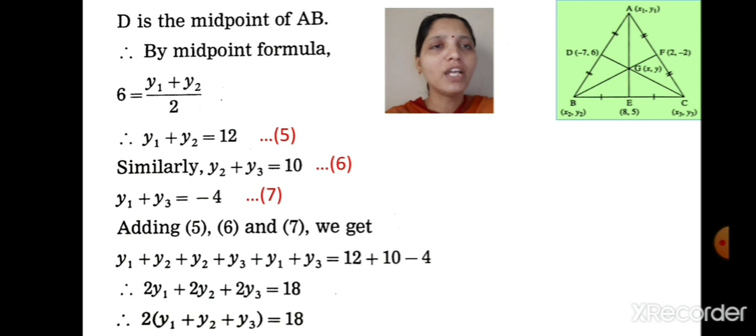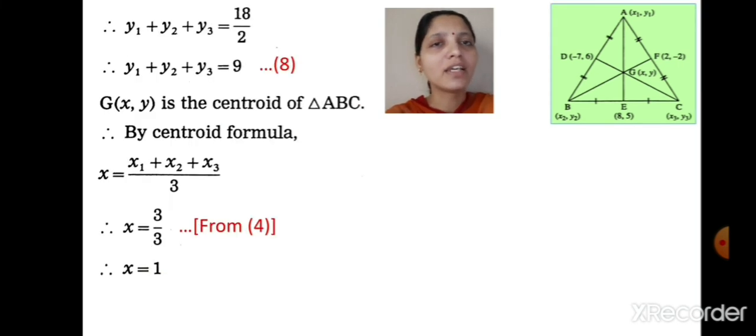Therefore, again you will get 2y1 plus 2y2 plus 2y3 is equal to 18. Now take 2 as a common factor. You will get 2 into (y1 plus y2 plus y3) is equal to 18, that is equal to 18 upon 2, which is 9. So you will get y1 plus y2 plus y3 is equal to 9. Write this equation as equation 8.